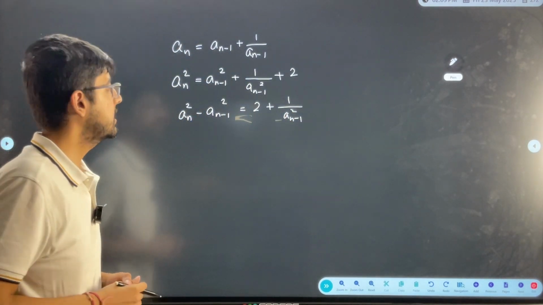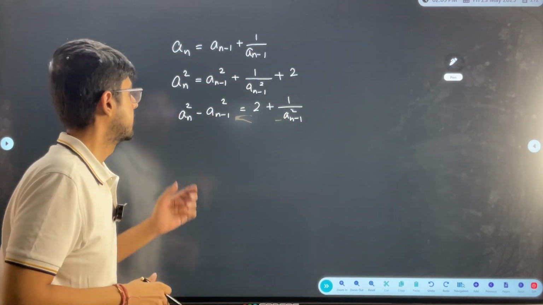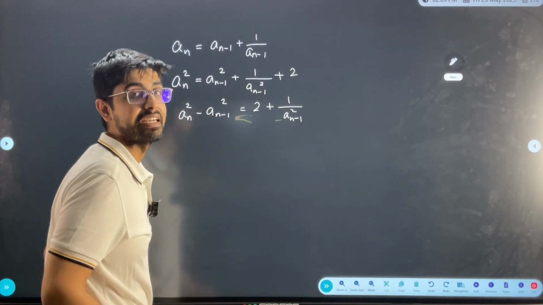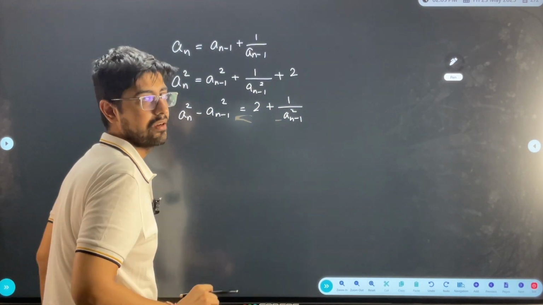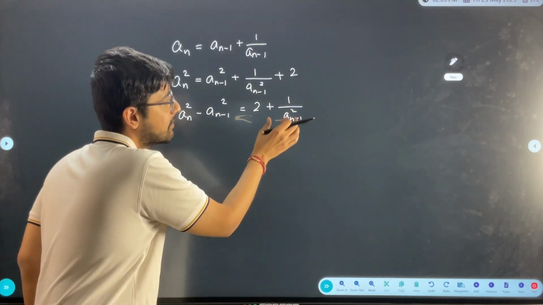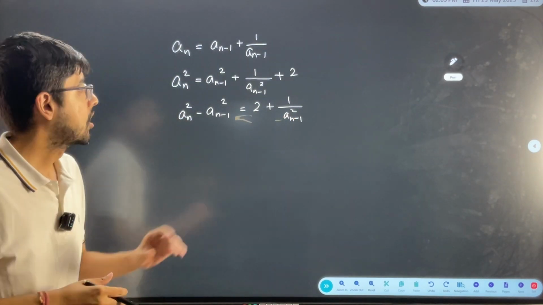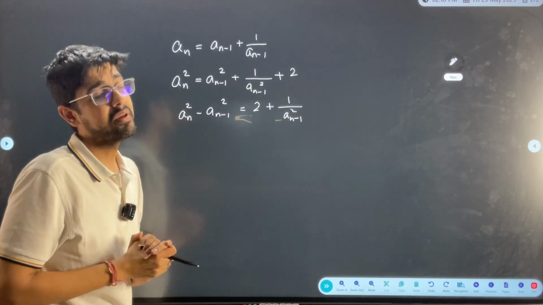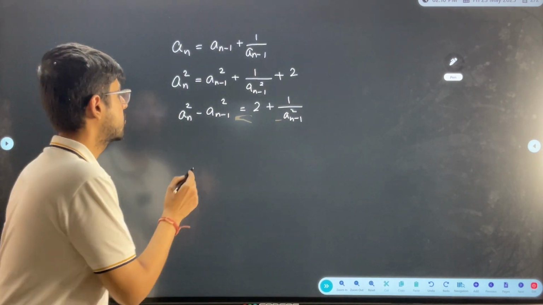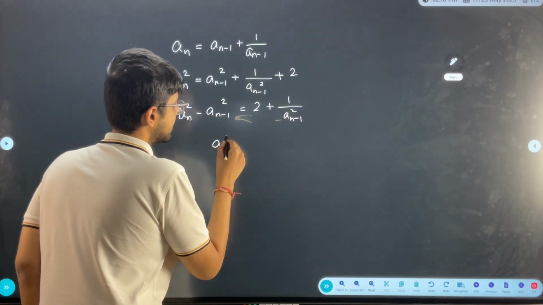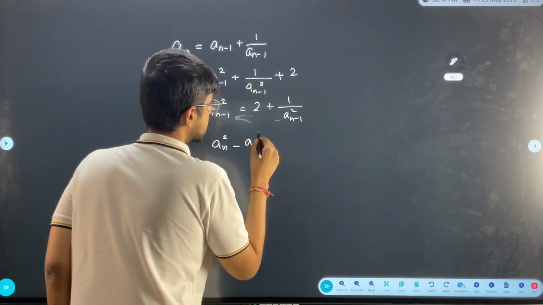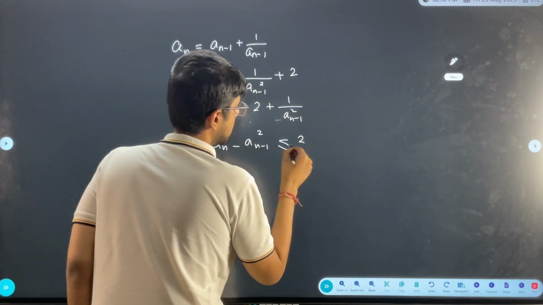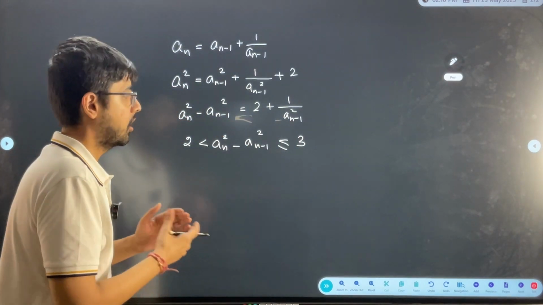Now, we know for a fact that an minus 1 square is always greater than 1, so 1 by an minus 1 square is greater than 0, but it will be less than or equal to 1. So, we can say that an square minus an minus 1 square is greater than 2, but is less than or equal to 3. Alright.